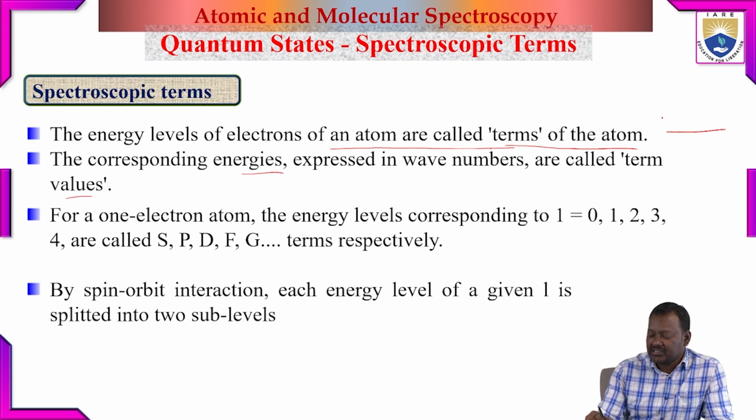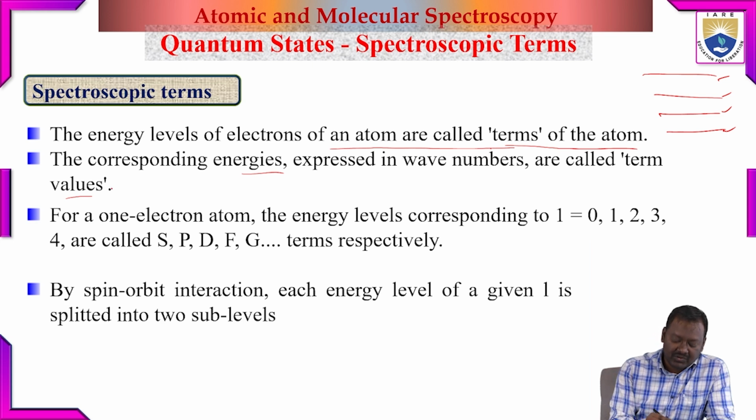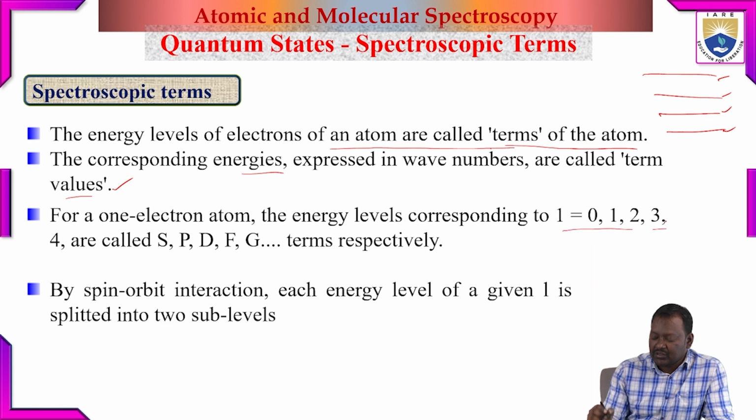The energy levels are called terms, and the energy values in terms of wave number are called term values. For a one electron atom, the energy levels corresponding to L equal to 0, 1, 2, 3, 4 are represented by S, P, D, F, G respectively. By spin orbit interaction, each energy level of a given L is split into two sublevels.